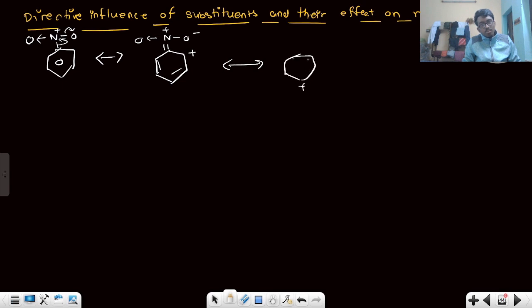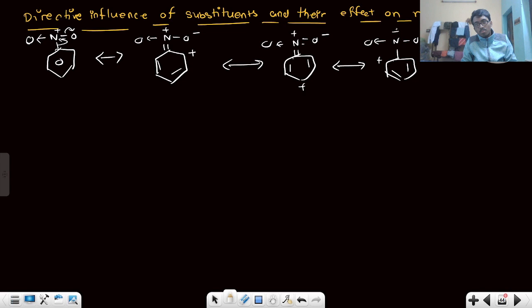Plus will come here, bond will form here, like this, right? Similarly, one time the plus will also come here. N single bond O minus, O plus, right?